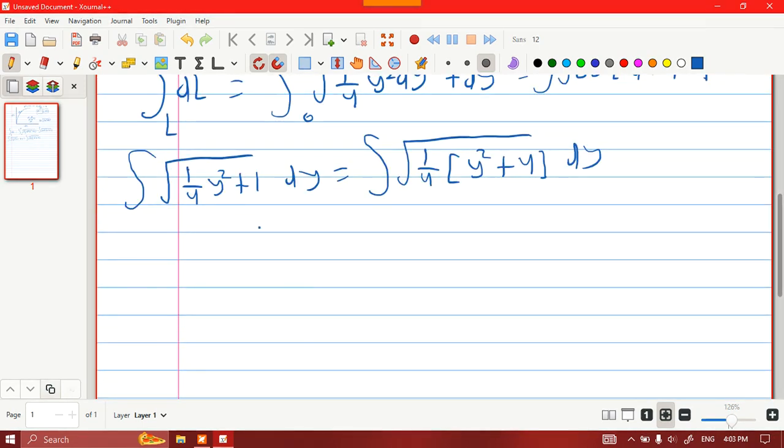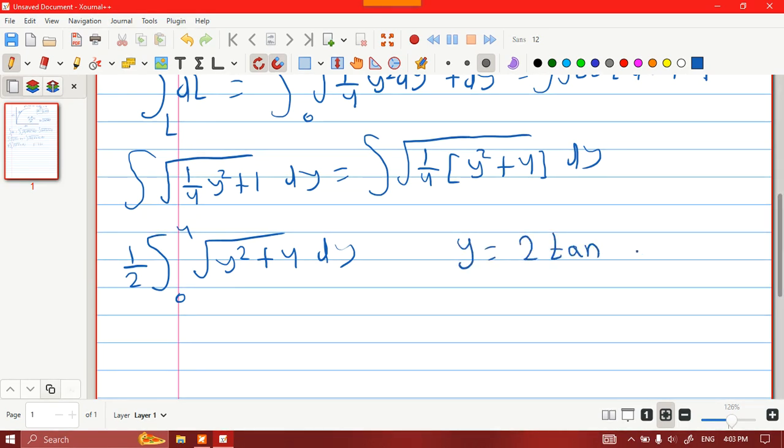Further simplification, it will become the integral from 0 to 4. Take the square root of 1 over 4, which will be 1 over 2, times the square root of y squared plus 4 times dy. So now I'm going to use trigonometric substitution in order to solve this integral. So let's get started. I'm going to let y equal 2 tangent theta, and dy will equal 2 secant squared theta d theta.